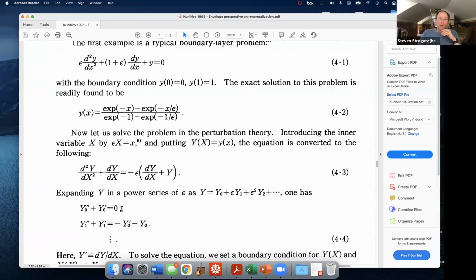I have a second order equation here that will generate two constants. And when I solve this, I'll generate two more constants, in addition to dragging along the constants from before. So altogether, at this stage, I should have four constants in my solution for y. If I write y is y0 plus epsilon y1, there will be four constants. And you see that on the next page, there are four constants.